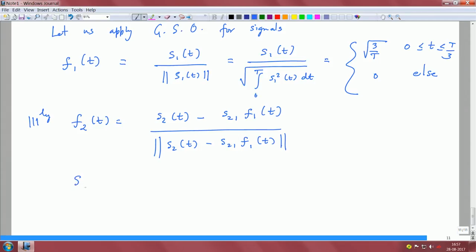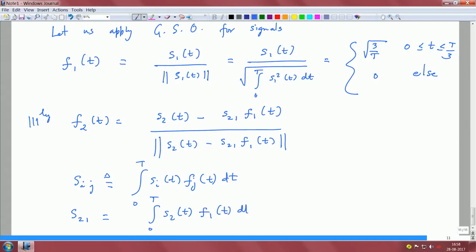So, I would say Sij here in general is basically, so if it is S21, it is the inner product of S2 of t with F1 of t under this definition, right. Sij is the inner product of Si of t with Fj of t, and so S21 is S2 with F1, right.